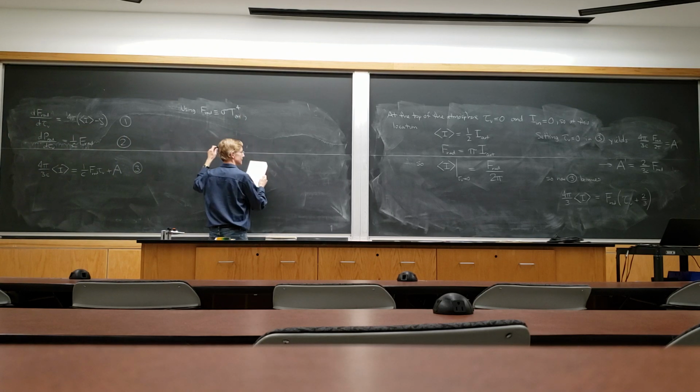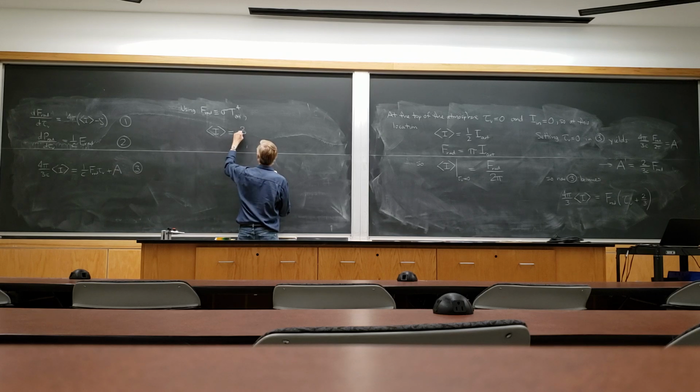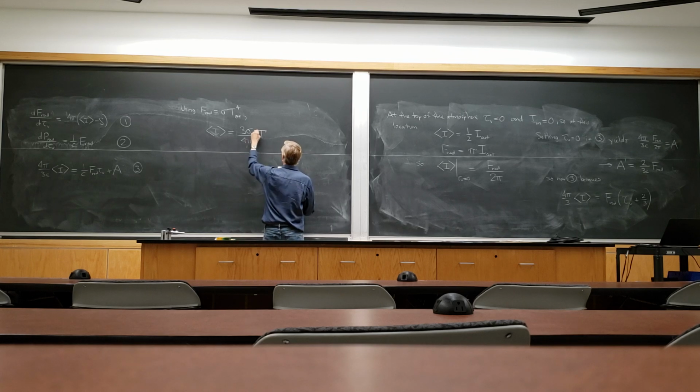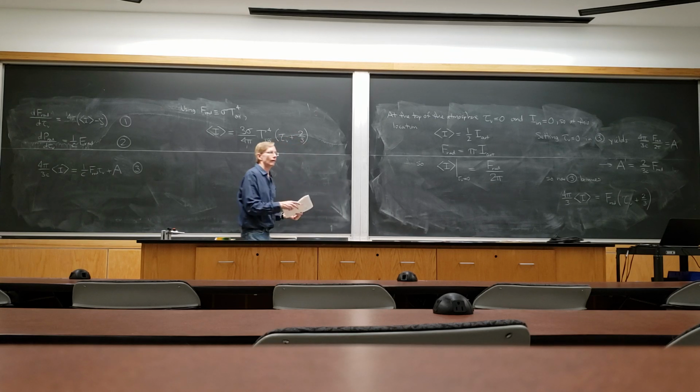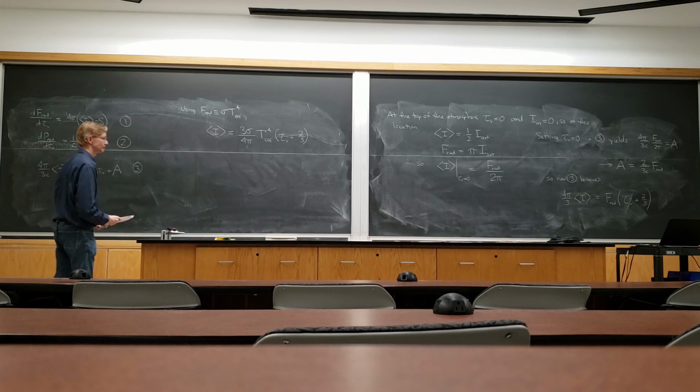We can say that the mean intensity is equal to 3 sigma over 4 pi Teff to the 4th times tau v plus 2/3. So here I multiply by 3 over 4 pi, and substitute sigma Teff to the 4th for the flux.